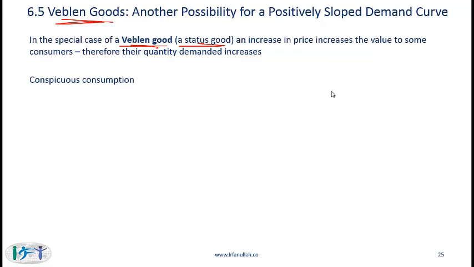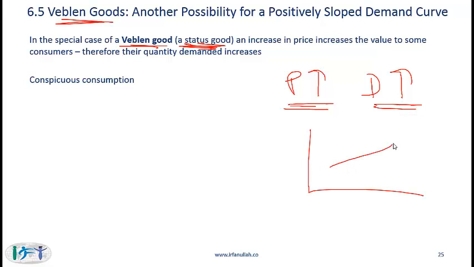So for these sorts of goods, if the price goes up, then people who want to demonstrate their wealth will obviously demand those goods more. So here we will also have a positive relationship between price and quantity demanded, so we'll have an upward sloping demand curve.